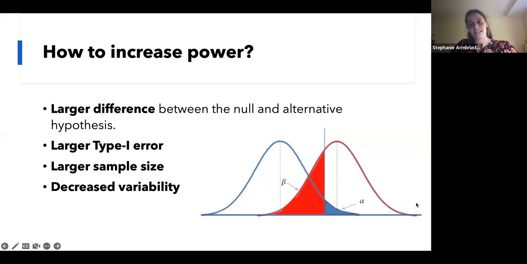And so now, obviously, as we said, we want to make sure that our power is high. We want to make sure that if there is a treatment effect, we detect it. So how can we increase power? One thing is, the bigger the difference between the null and the alternative hypothesis, the larger the power, which might sound a little weird, because how can you increase the difference in your null?